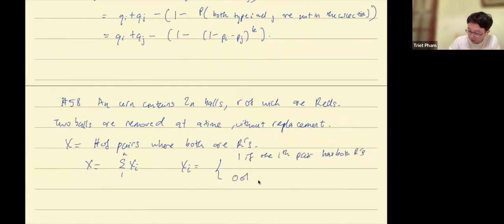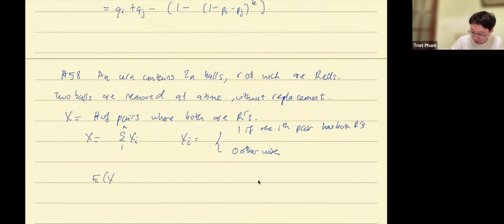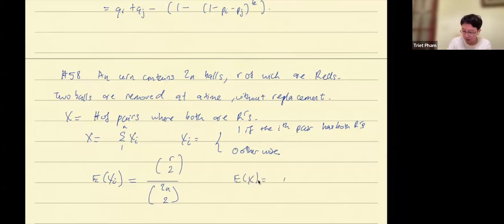Okay. And then expectation of Xi, which is the same as the probability of the ith pair having both reds, will be 2n choose 2, right? Because that's a total number of possibilities to pick a pair out of 2n balls. And then the top is R choose 2, which is the number of possibilities to choose 2 balls out of the R red balls, right? And so expectation of X is just n times that.